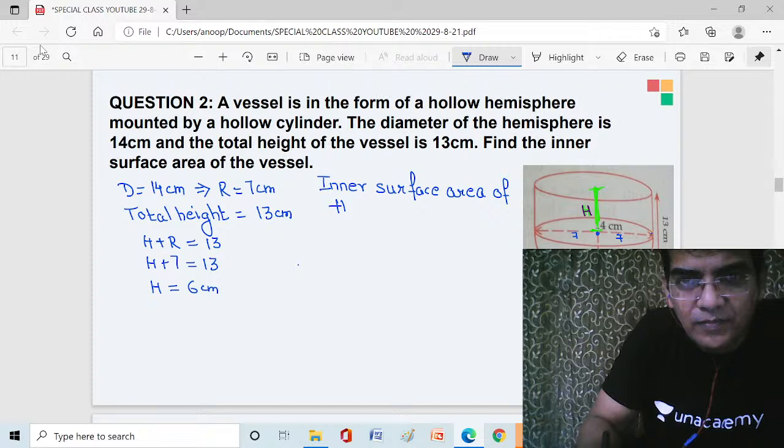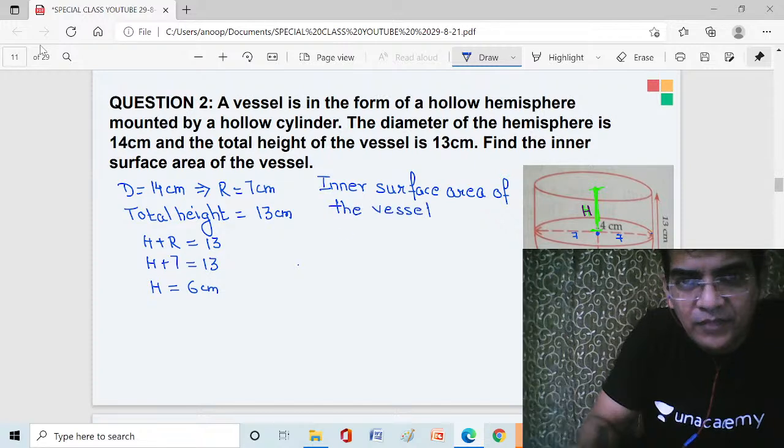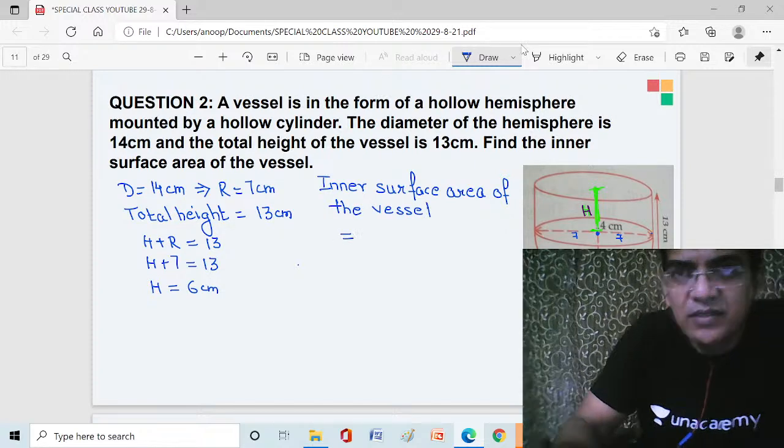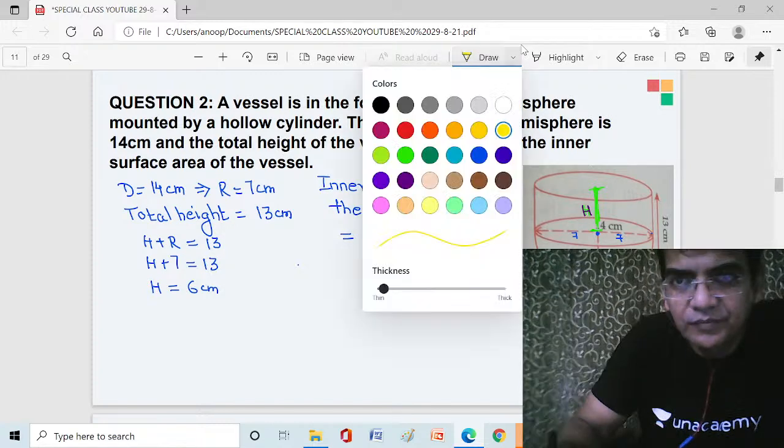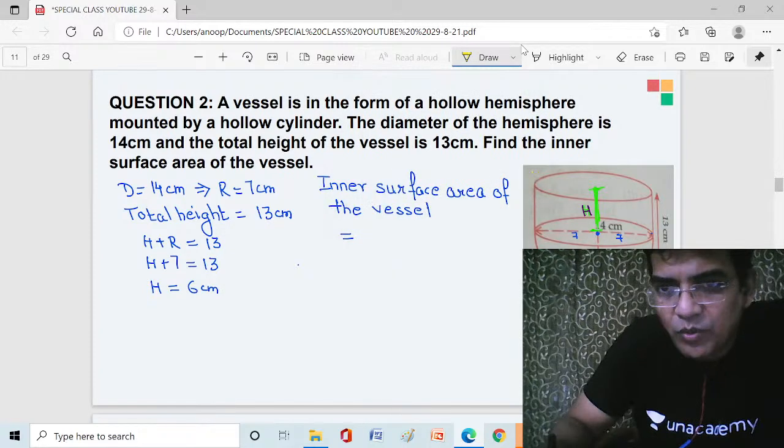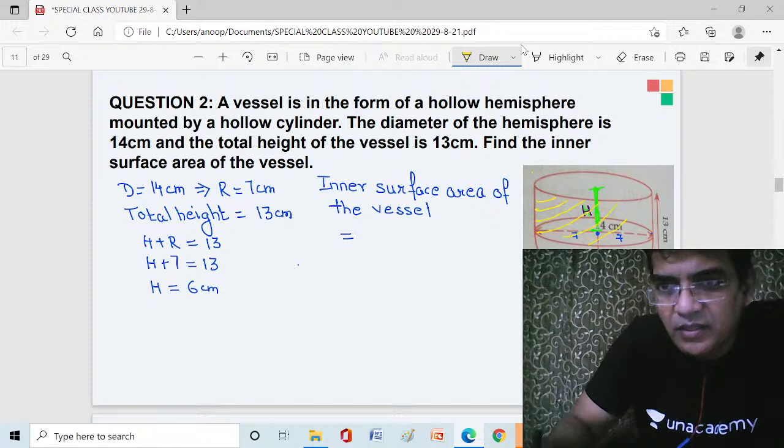Now if we talk about the inner surface area, again we have two curved surfaces. One is the curved surface area of the cylindrical portion, this one.